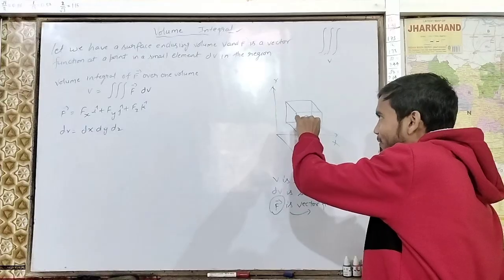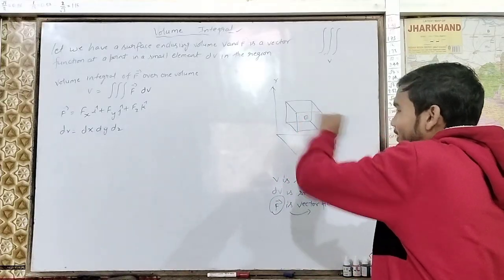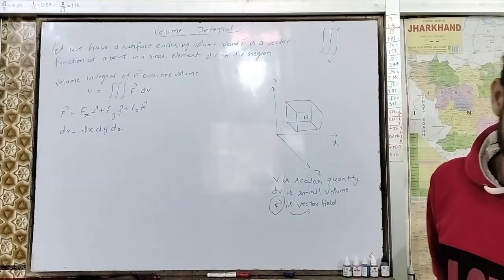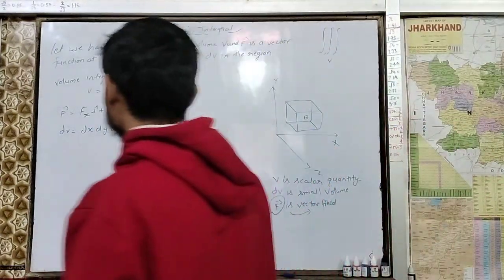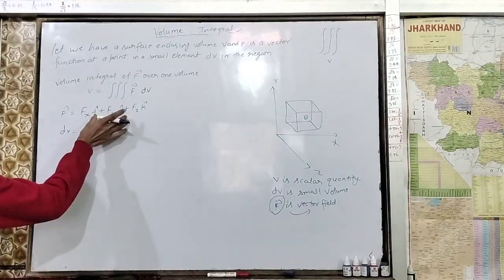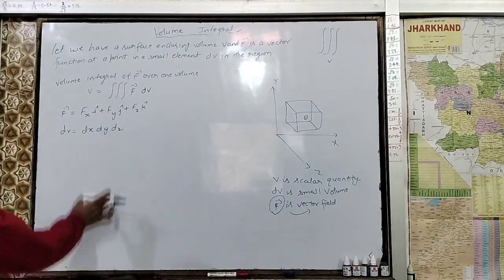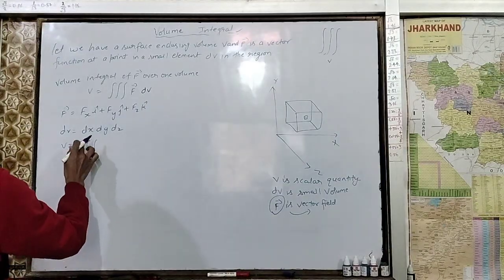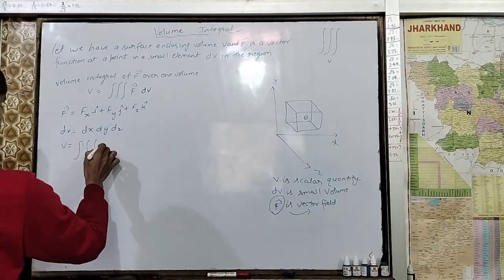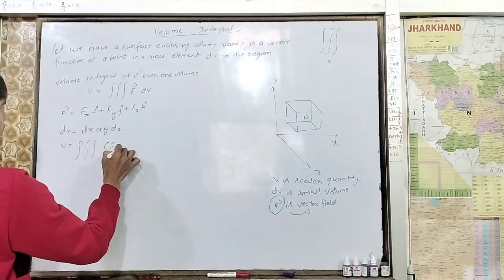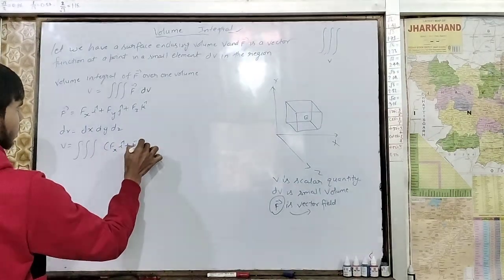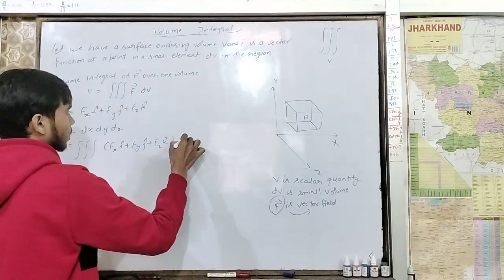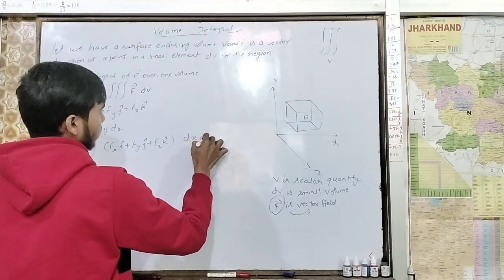This volume, we are taking a small volume. Length of this small volume, dot with a vector point function. Now just substitute the value of this and the value of dv in this equation. This will become fx i cap plus fy j cap plus fz k cap dot with dx dy dz.